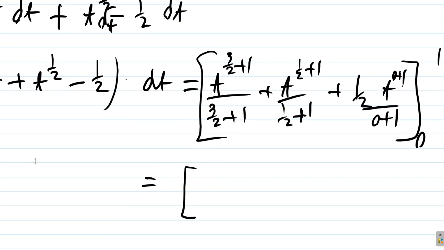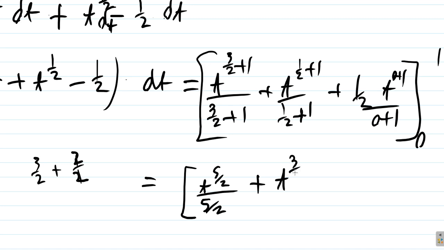What would happen here? 3 over 2 plus 1 over 1 is same as 3 over 2 plus 2 over 2. 3 and 2, 5. So it's t to the 5 over 2 divided by 5 over 2. Alright? So that's what you have. Plus half plus 1, same as 1.5, it is 3 over 2.